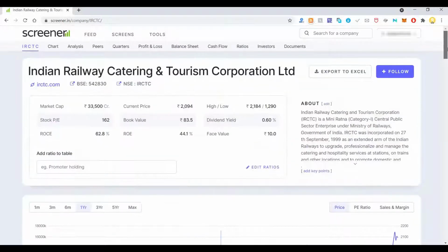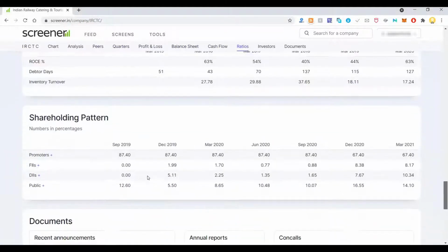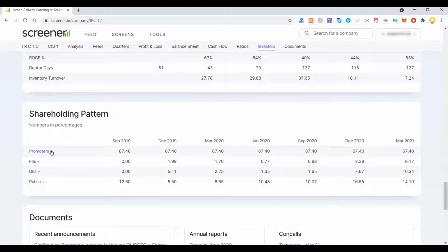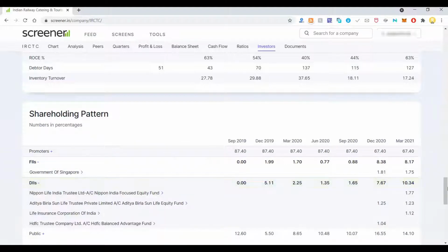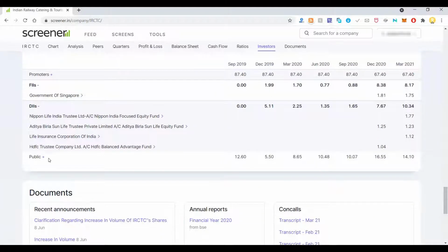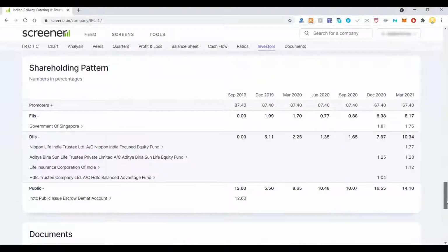So what you see here is one interesting information again. If you go to the shareholding pattern, you see promoters are having 67.4% shares. The foreign investors, the government of Singapore. The DIIs is mostly mutual funds and all those things. And public has very less share which is available for them for trading.